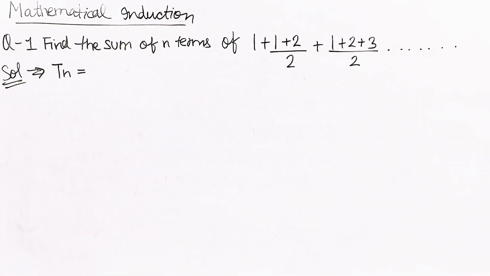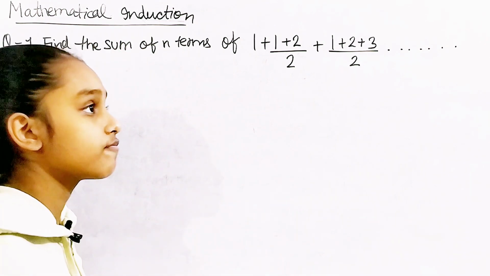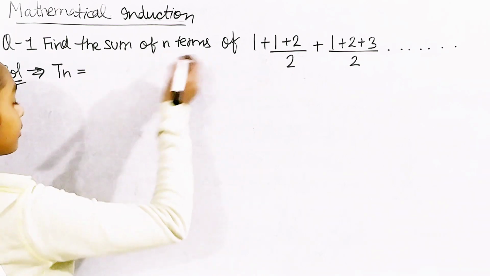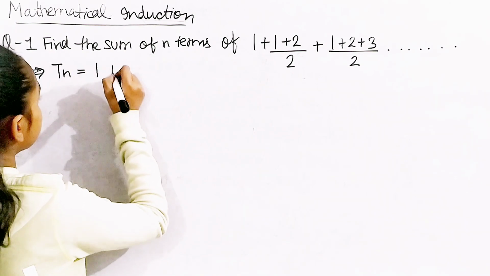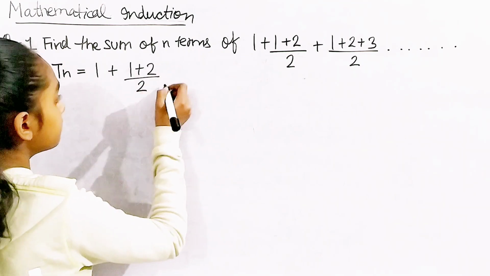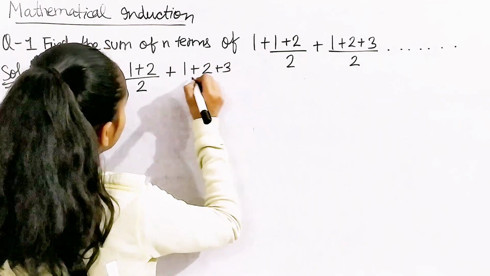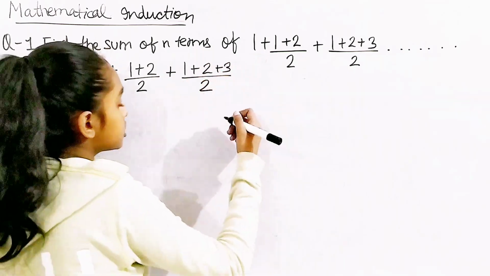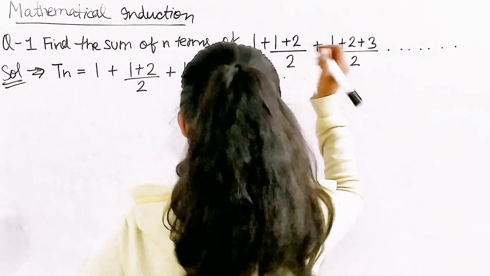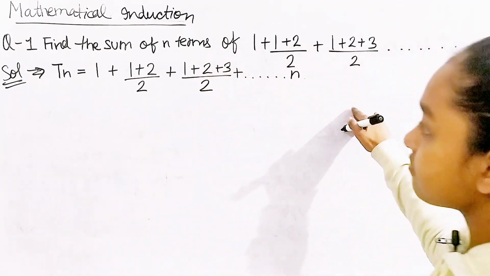Term n. So what will be the term n? According to this statement, what is it going to be? As I've just told you, we're going to write it in the form of a statement for mathematical induction. So it's going to be 1 plus (1 plus 2) upon 2 plus (1 plus 2 plus 3) upon 2 plus, till n. So this is what we're having. Got it?